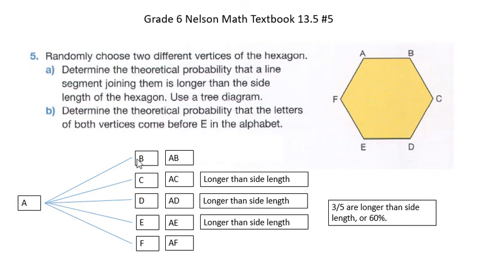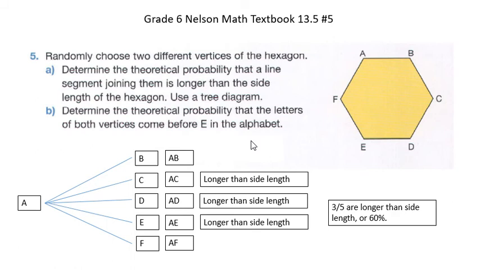I have A, which can meet B, and we'll call that AB. A meets C, I'll call that AC. A meets D, AD. A meets E, AE. A meets F, AF.